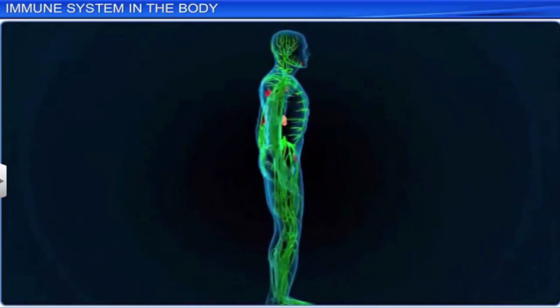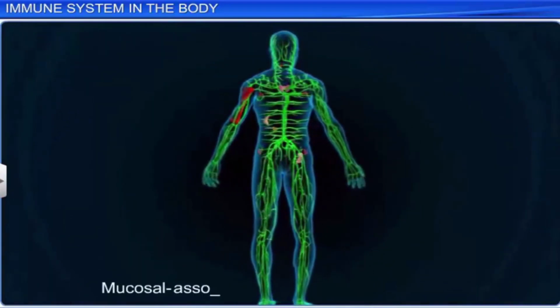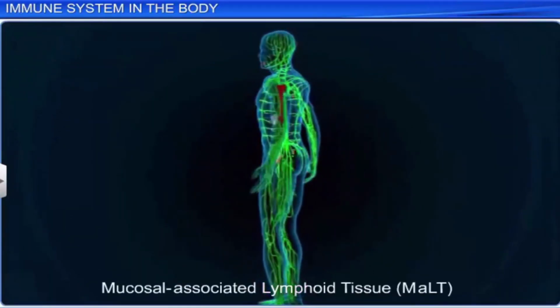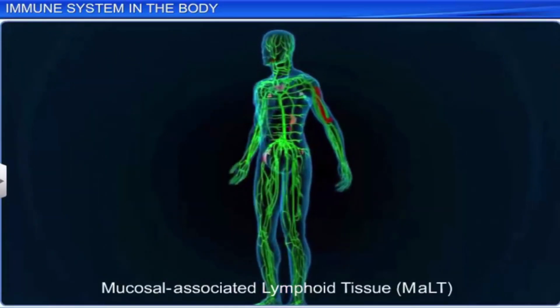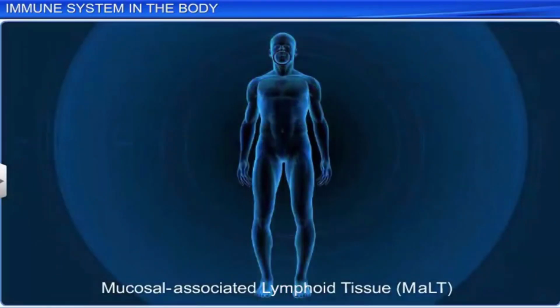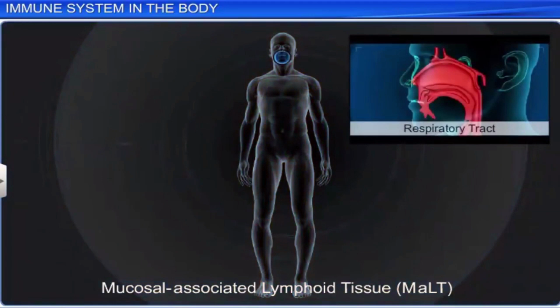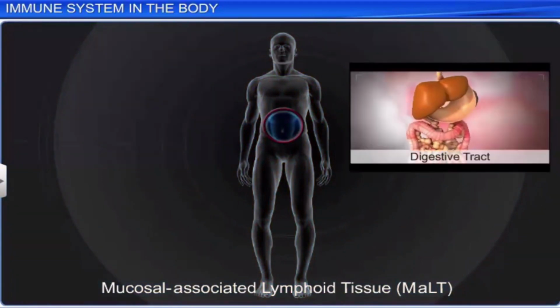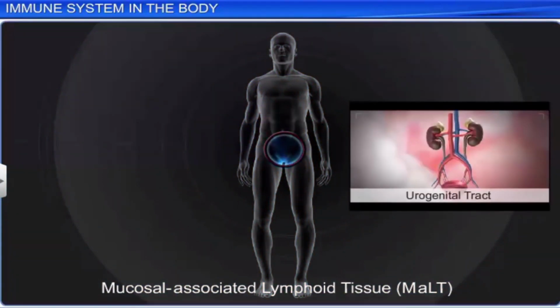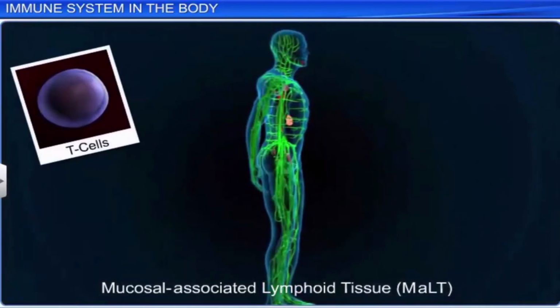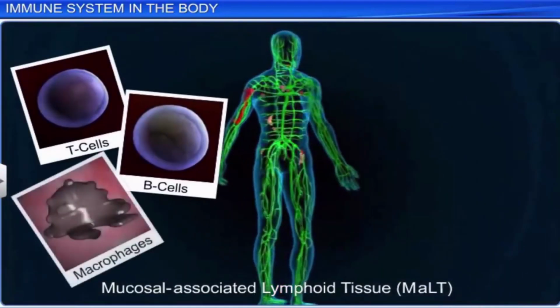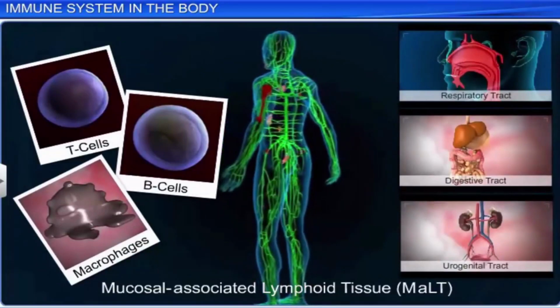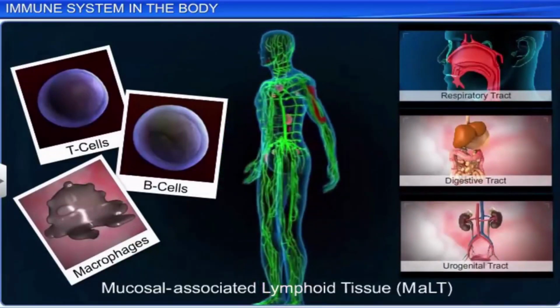Another lymphoid tissue called mucosal-associated lymphoid tissue, or MALT, is located inside the epithelial lining of major tracts like the respiratory, digestive, and urogenital tracts. The T cells, B cells, and macrophages present in MALT help regulate mucosal immunity.